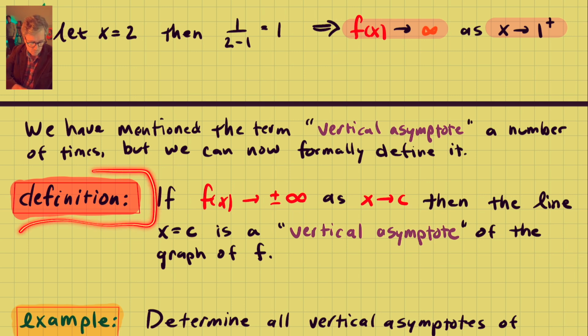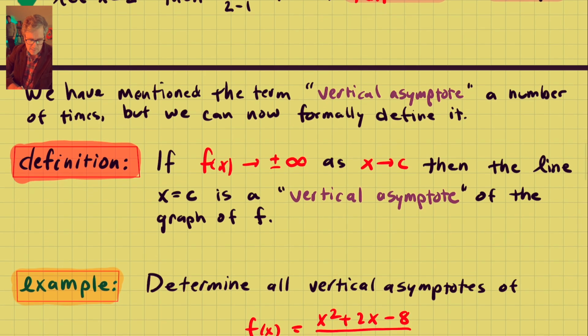So the definition that we'll run with for vertical asymptote is that if the function approaches plus or minus infinity as x approaches some number c, then the line x equals c, namely the vertical line in the plane at x equals c, is a vertical asymptote of the graph of f. Okay, so basically we're saying a vertical asymptote is going to exist if the function tends towards plus or minus infinity as we get closer and closer to the value c.